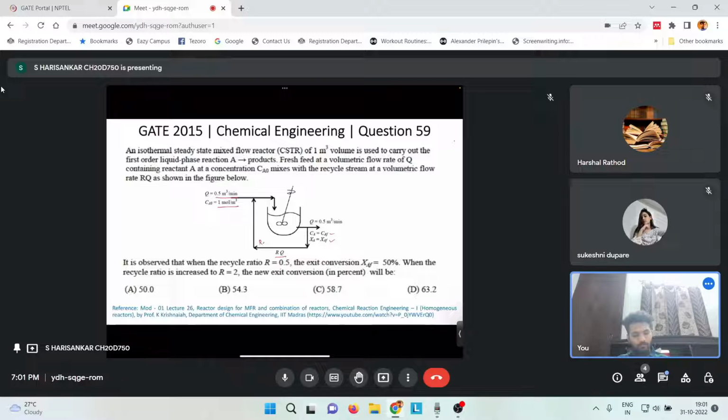That means the recycle ratio is basically R. And they have said that when the recycle ratio R is equal to 0.5, the exit conversion is 50%. That means this XAF will become 50% for R is equal to 0.5. Then when R is increased to 2, what will be the exit conversion? That is what they have asked us to find. So let us see how we can proceed for this.